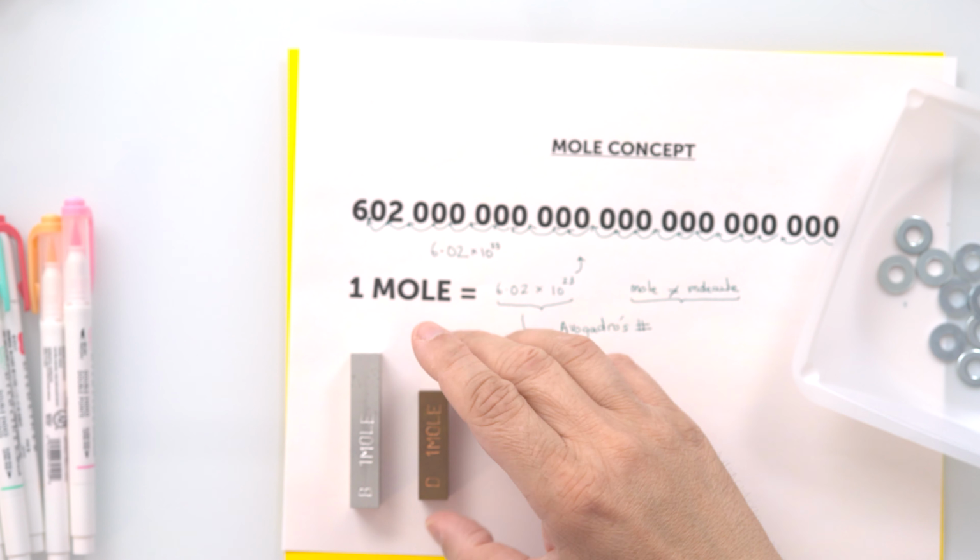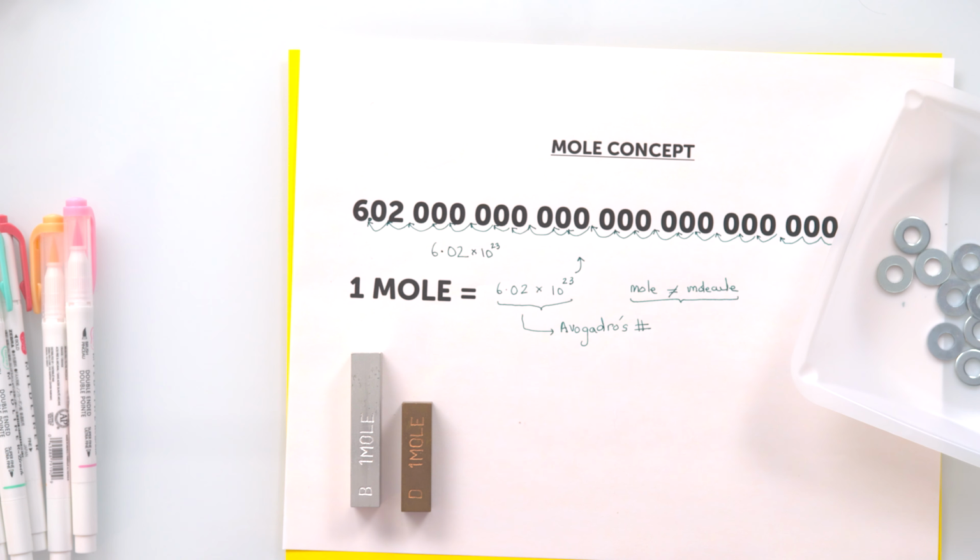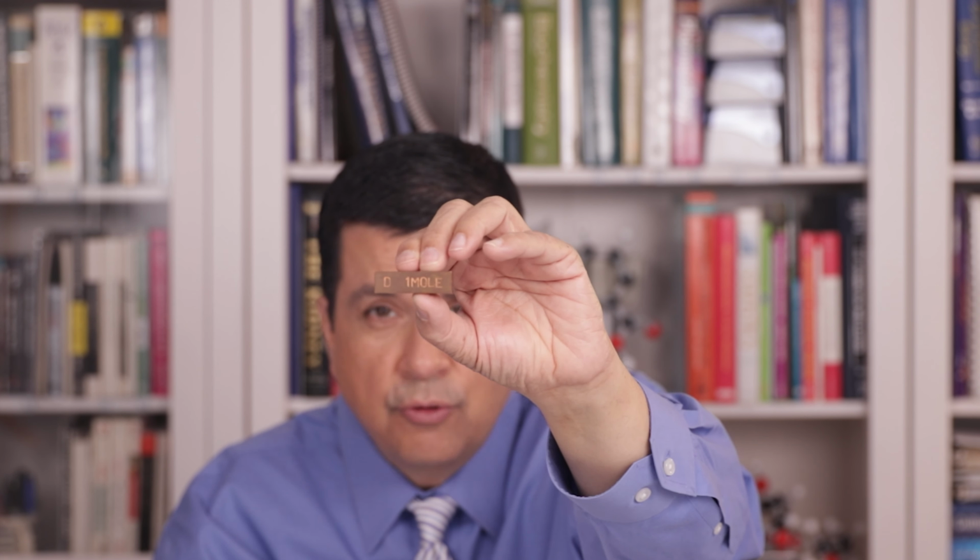Here's a block of copper, a little bit smaller. It's much heavier. I know you can't feel it watching this on the internet, but that is 1 mole of copper atoms. Smaller than aluminum. But the reason this works is because atoms are so small, so teeny tiny, that they can actually fit in here. Okay, and that is 602 followed by 21 zeros, or 6.02 times 10 to the 23rd atoms of copper.